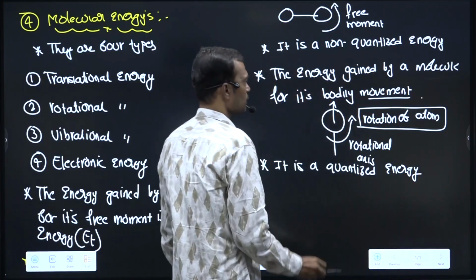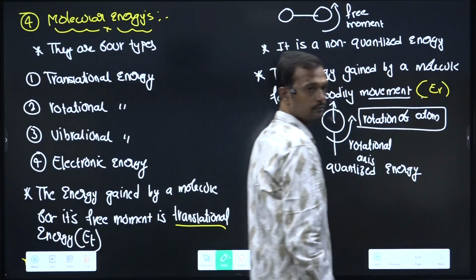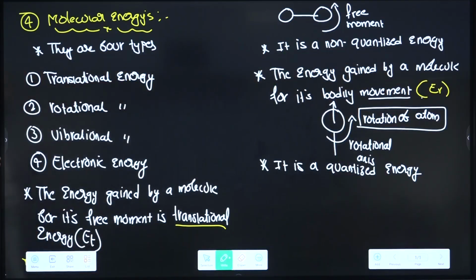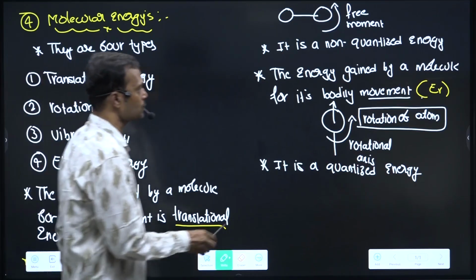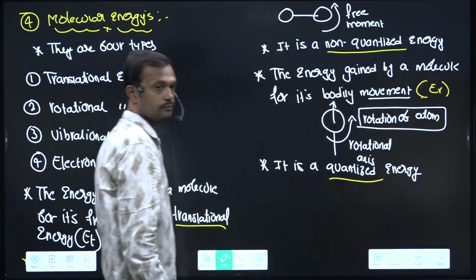Bodily rotation is represented by ER. Energy gained by a molecule for its bodily movement is ER. It is quantized, but translational is not quantized.